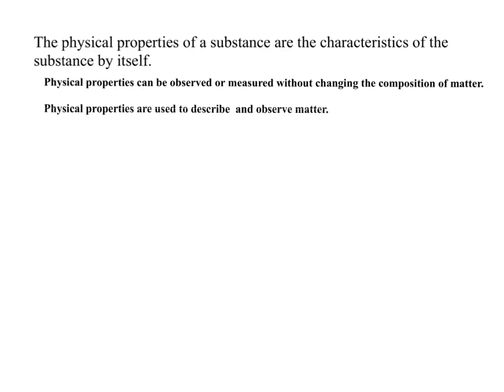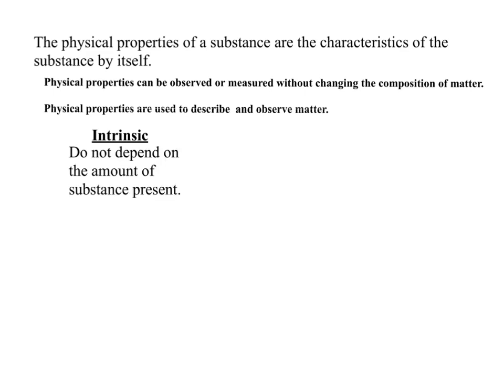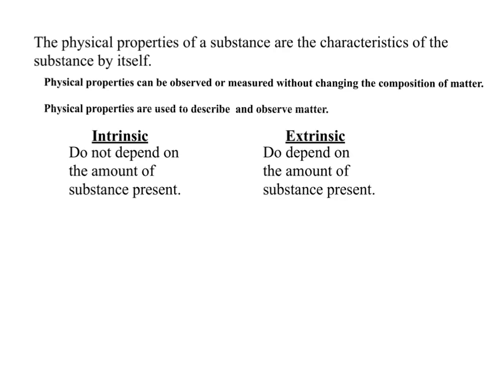These physical properties can be classified into two ways. One is called intrinsic. These are properties that don't depend upon how much stuff there is. On the other hand, there's extrinsic properties, and these do depend upon how much stuff there is. So whatever we're looking at, sometimes it matters how much there is, sometimes it doesn't.